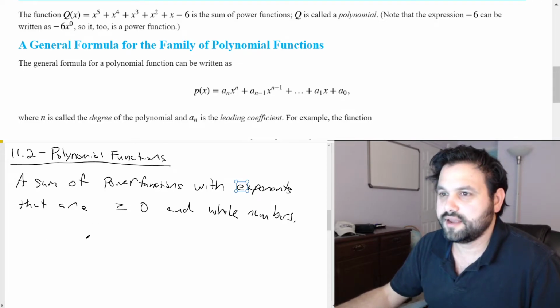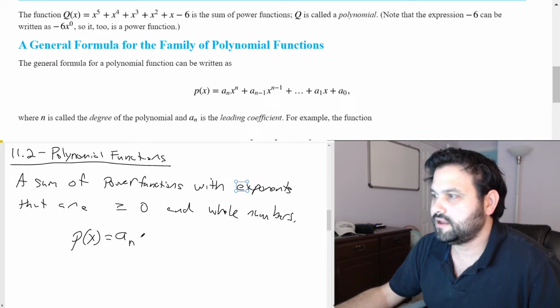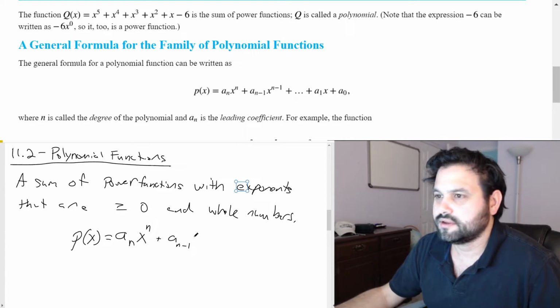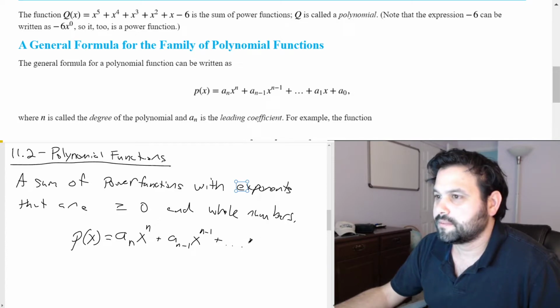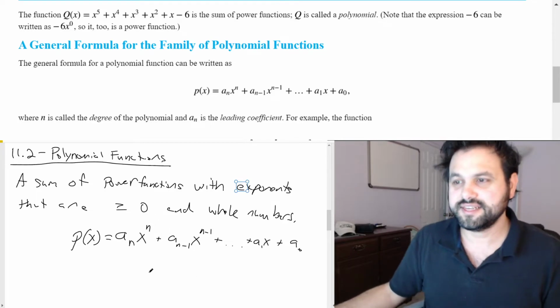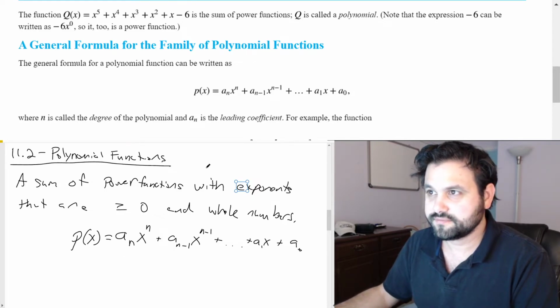So when they write this as the general form, a sub n x to the n plus a sub n minus 1 times x to the n minus 1 plus so on and so forth, plus a sub 1 x plus a sub 0. Okay, so what this means is that this is just a coefficient here.